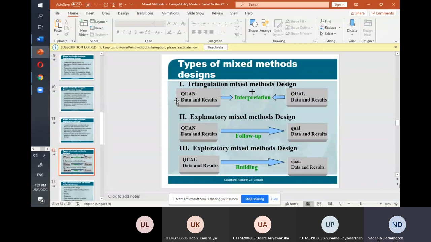Exploratory mixed method design is where you conduct the study qualitatively, and later, sometimes even collecting more data, build up an explanatory theory.